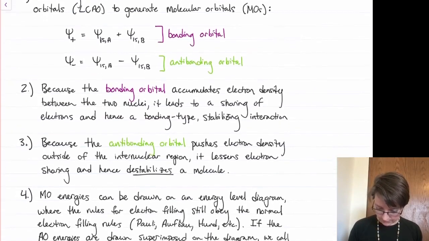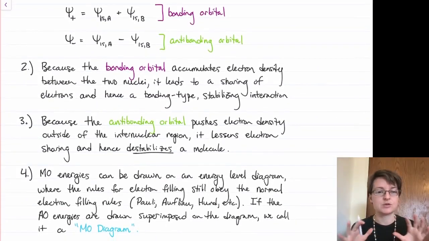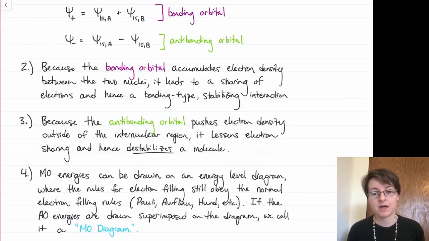Because the bonding orbital accumulates electron density between the 2 nuclei, it leads to a sharing of electrons, and that stabilizes the orbital, and we say that bonding orbitals are more stable, or they help form a molecule. Conversely, an anti-bonding orbital pushes electron density away to the outside of the internuclear region. It lessens electron sharing and it destabilizes the molecule.